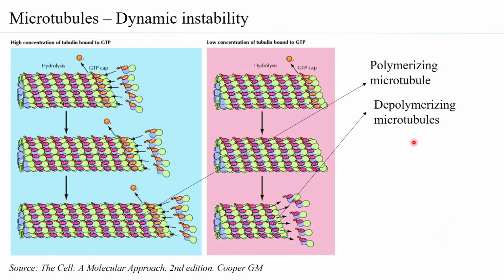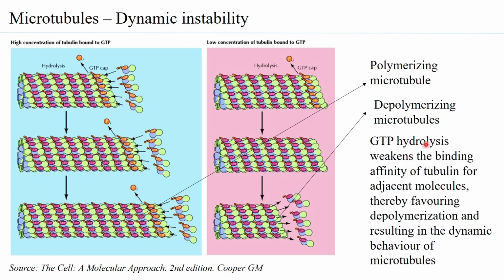And when you have low levels or negligible amounts of the heterodimer present, then you will have the microtubules disassembling to ensure that the number of heterodimers in the cytoplasm again increases, so that there is now equilibrium between the assembled microtubules and the disassembled microtubules. So this is what we understand by dynamic instability.